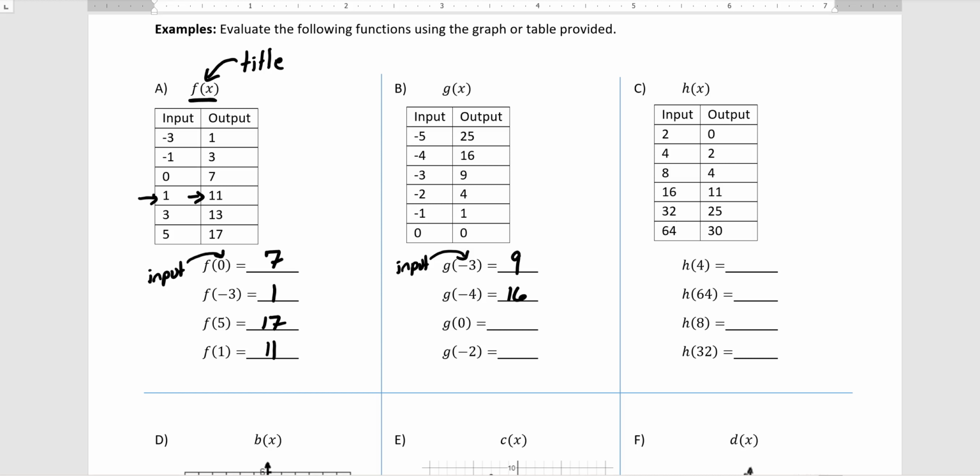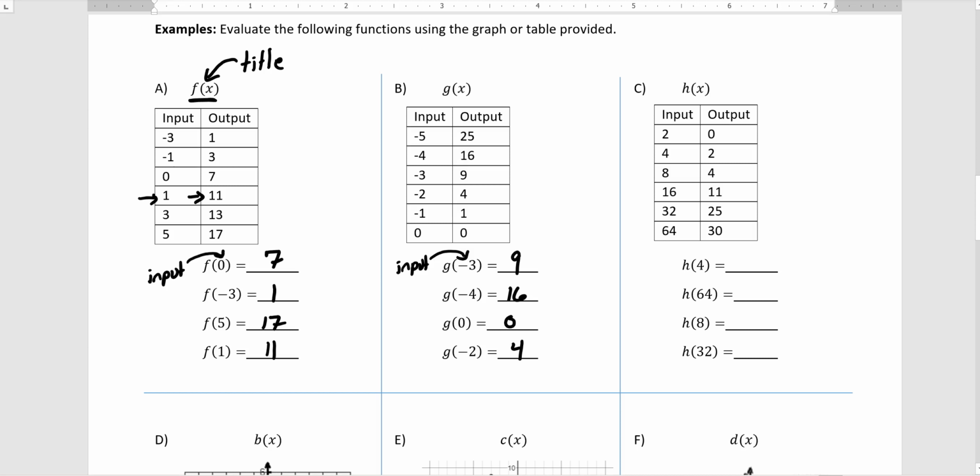When my input is 0, my output is 0. And when my input is negative 2, my output is 4. Very nice. All right. Why don't you go ahead and try letter C on your own. Pause the video, fill in the blanks here, and then we'll check that together.